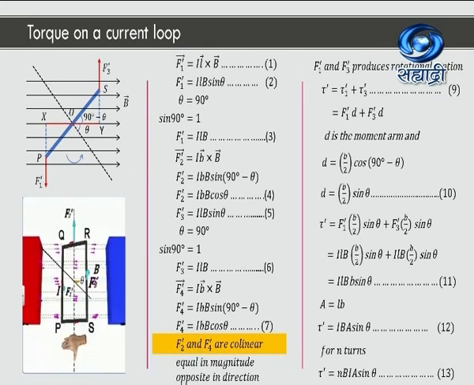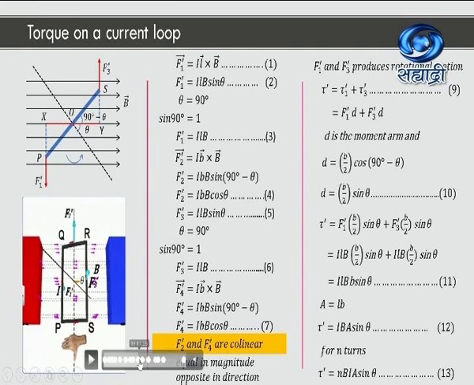Therefore, F1 dash and F3 dash produce rotational motion in the rectangular coil. Therefore, the torque tau dash acting on this loop must be equal to tau 1 dash plus tau 3 dash, which is equal to F1 dash D plus F3 dash D, where D is the moment arm.